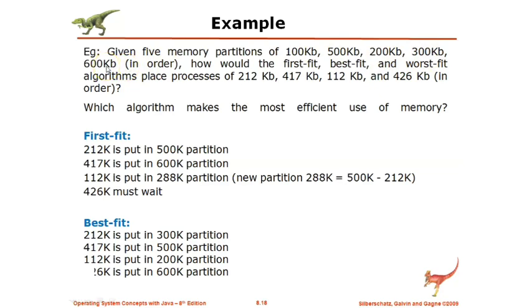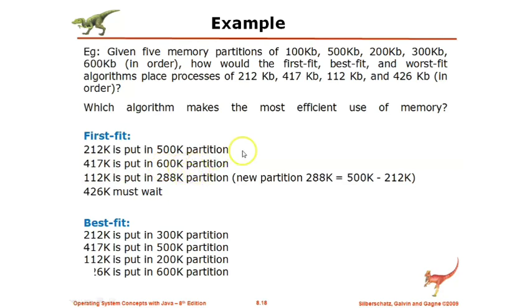Out of these, only the 600 KB can satisfy the request of 417 KB. So the 417K is put in the 600K partition, and the remaining memory will be made available for the next process.